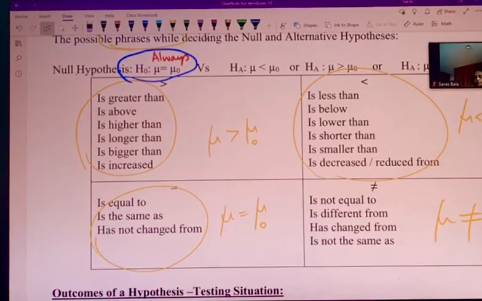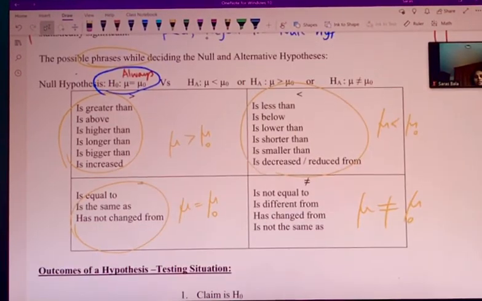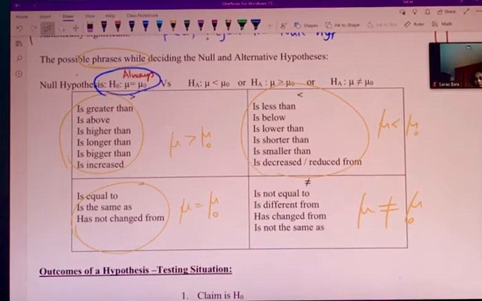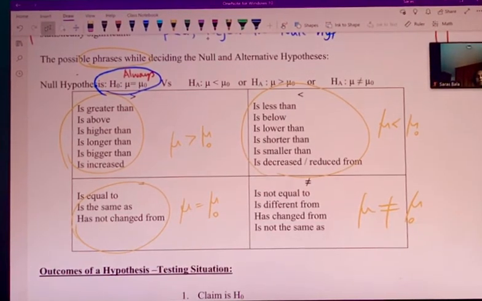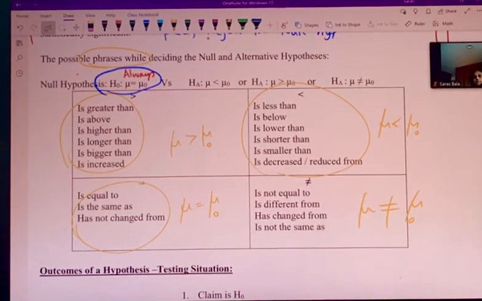The problem will give you the hint about less than, greater than, or not equal to. If it is related to less than, you will see keywords like less, below, lower, shorter, smaller, decreased, reduced. All these phrases are going to be there in your less than mu sub 0 alternative hypothesis case. On the flip side, you will have wordings like greater than, above, higher, longer, bigger, or increased.